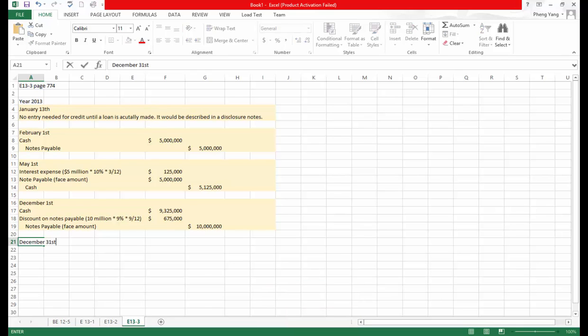make that entry. Okay, so December 31st, we're going to accrue for interest expense on the note dated December 1st. So I'm going to debit interest expense.